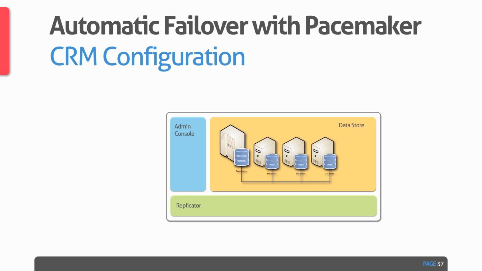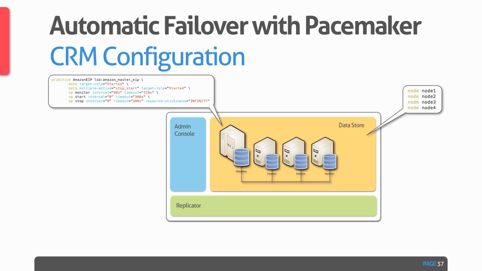We have used Pacemaker for the automatic failover of our data stores, and we have a specific configuration, a CRM configuration for Pacemaker. The nodes have been defined, and within these nodes we have added primitives that are used to control, for example, the Elastic IP address, but not only.